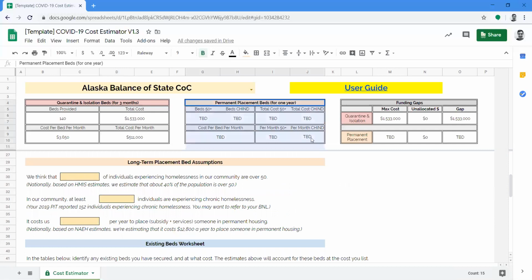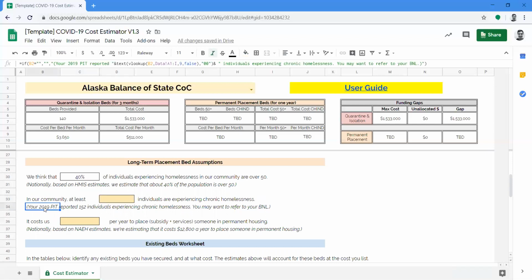Long-term placements, which as I mentioned are estimated over two populations, those 50 plus and the chronically homeless individuals, similar principle. First, we're going to try to estimate the number of individuals experiencing homelessness who are over the age of 50. Nationally, we think that number is about 40%. Your number may vary. You then provide the number of individuals who are experiencing chronic homelessness.